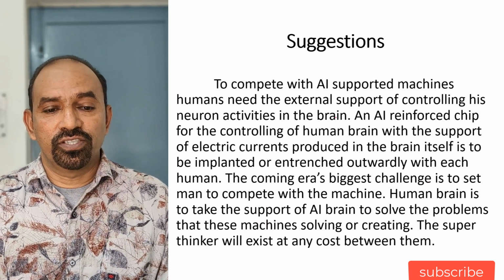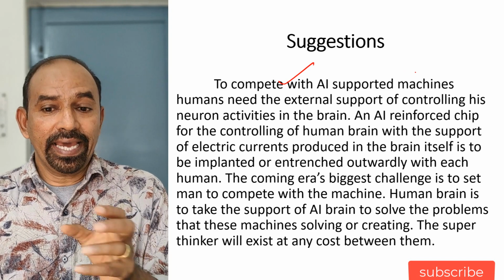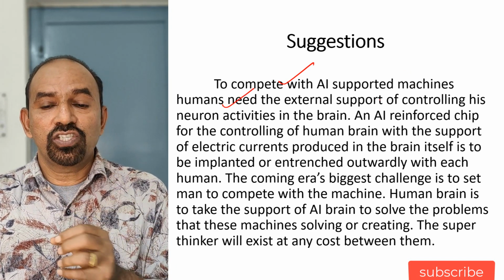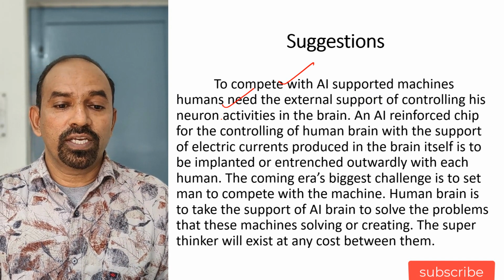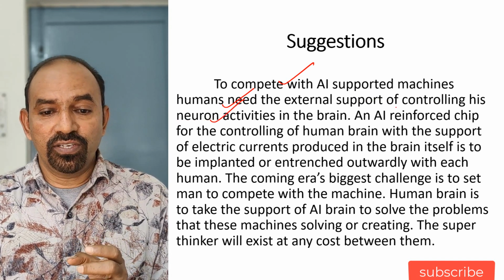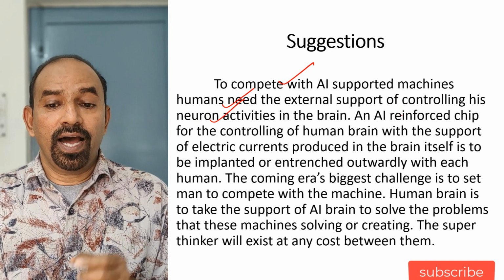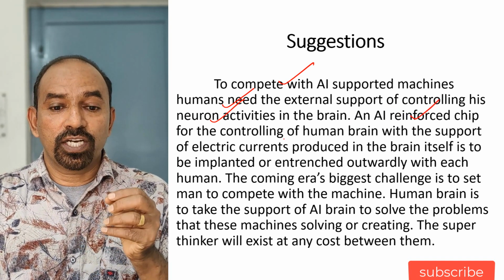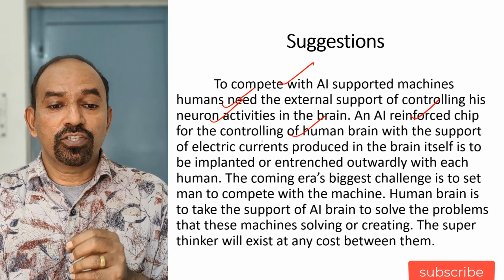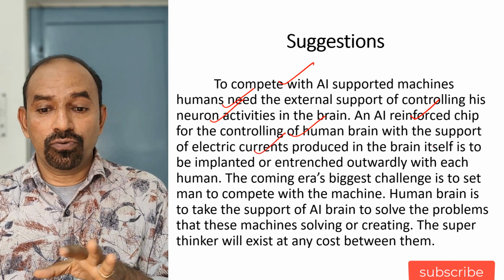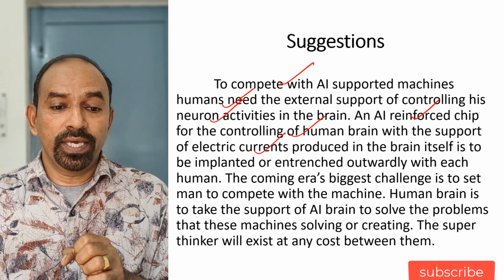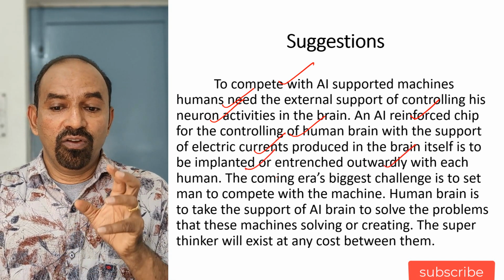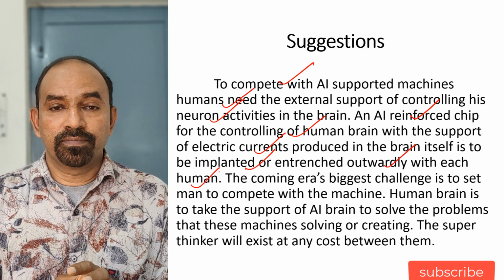So, some suggestions. To compete with AI-supported machines, humans need the external support of controlling their neuron activities in the brain. An AI-reinforced chip for controlling the human brain, with the support of electric currents produced in the brain itself, is to be implanted or attached externally to each human.